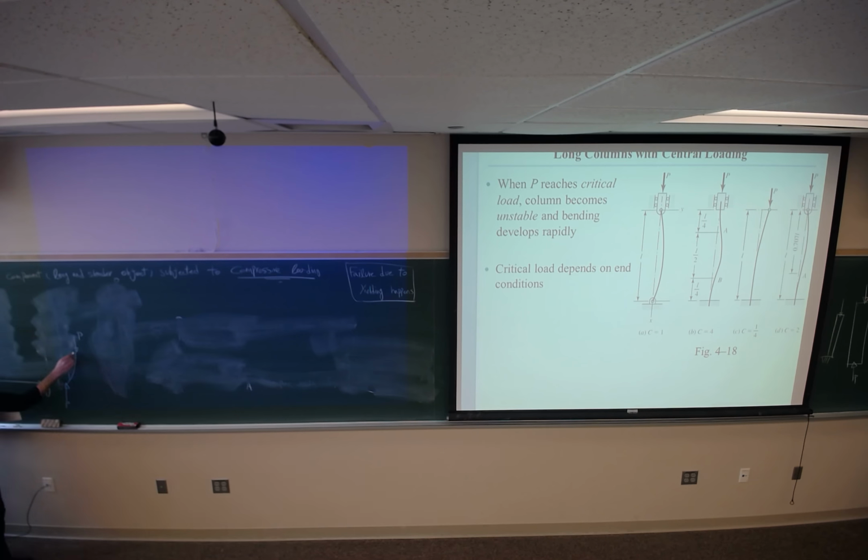And this distance is Y. This deflection is Y. Force times distance is making moment in this direction, so I should apply moment in the opposite direction to avoid the rotation. So M would be P times Y.